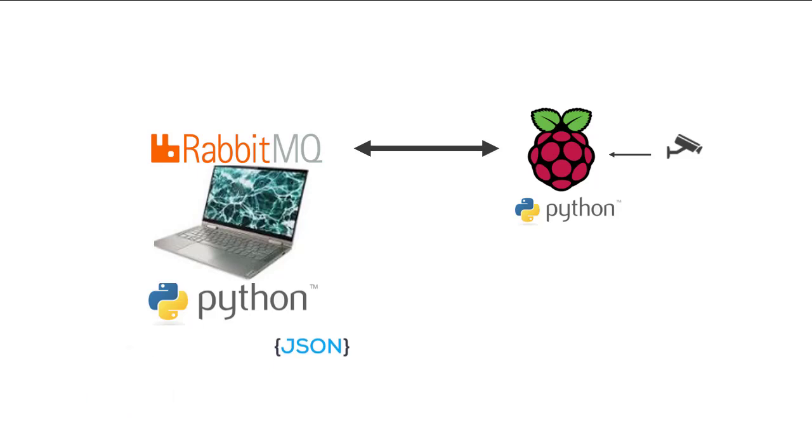That JSON document will be inserted into a channel in the message queue that is specific to the device, the client, that actually sent the photo. Then our client script will be able to pick up that JSON document from that channel on the message queue and see what objects were detected.